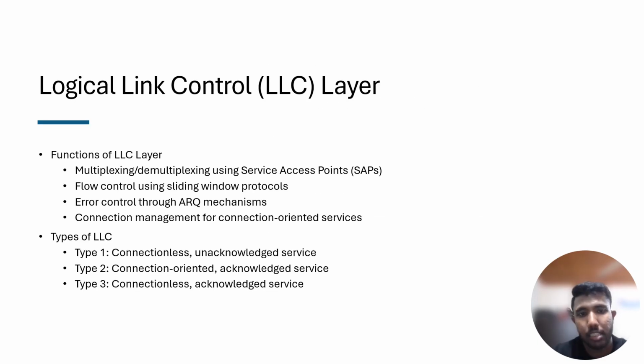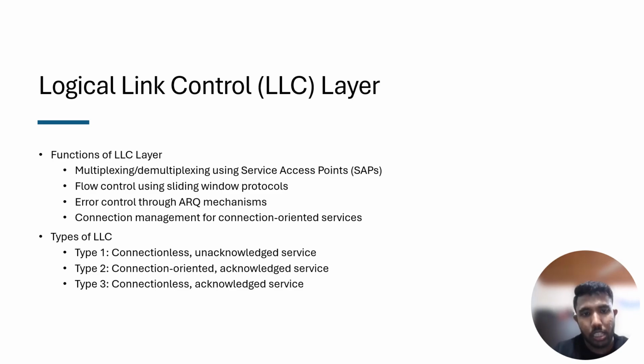In this slide, we'll discuss the logical link control layer, LLC. The logical link control layer serves as the upper sublayer of the data link layer in the OSI model. Functions include multiplexing and demultiplexing using service access points, flow control through sliding window protocols, error control via ARQ mechanisms, and connection management for connection-oriented services.